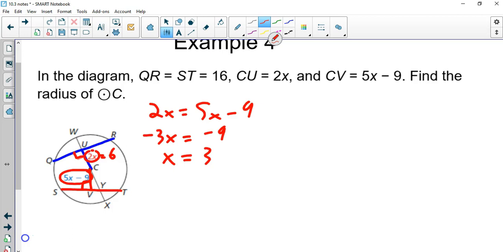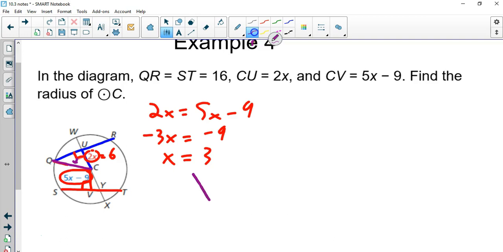We're going to deal with this triangle, this line up here. Now notice, we're trying to find the radius. Well, the radius is a connection. There we go. That's the radius, which is also the hypotenuse of this little triangle here. Now, we know CU is 6.